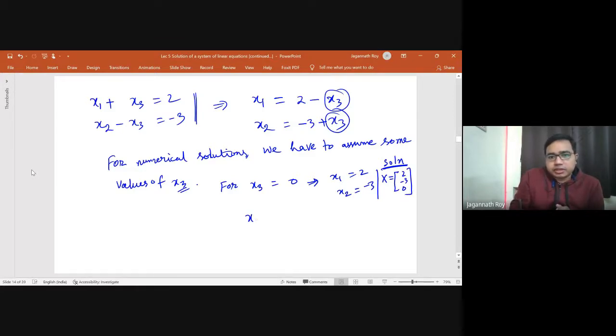If you take x3 equals 1, it is dependent on x3. Then you will have the corresponding x1 and x2.